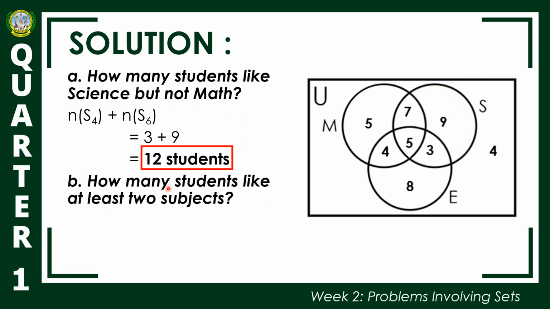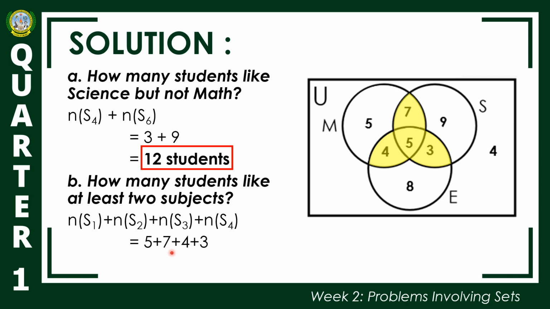Next is, how many students like at least 2 subjects? Again, this is the sum of the 4 sets, S sub 1, S sub 2, S sub 3, and S sub 4. Kasi nga po, at least 2 subject means pwedeng 2 subject ang gusto or pwedeng lahat. So, that is equal to 5 plus 7 plus 4 plus 3, which is 19.